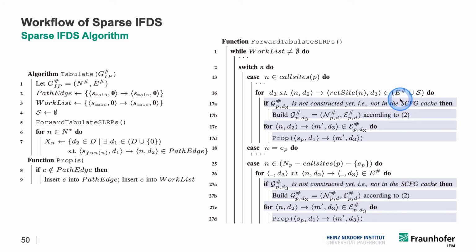Whenever summary edges would normally be used, they instead check whether they have already constructed such a sparse graph, and if not, they build it. Once it has been constructed, they use this particular graph for the actual propagation. I won't explain this in much more detail here. In case you are interested in the details, I encourage you to take a look at the paper. It's freely available.